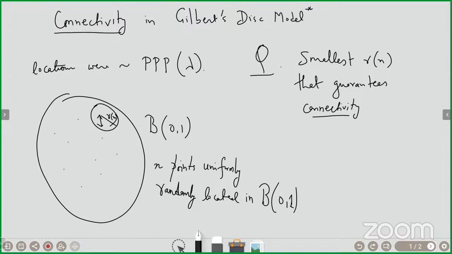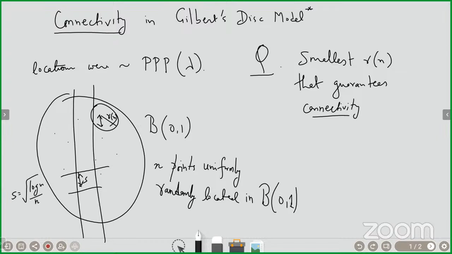And the illusion I gave you last time is that if you think of this as boxes of side length, let's say, S. So if I take S equal to square root of log n over n, with high probability I can show that there are roughly log n points in each of these boxes.